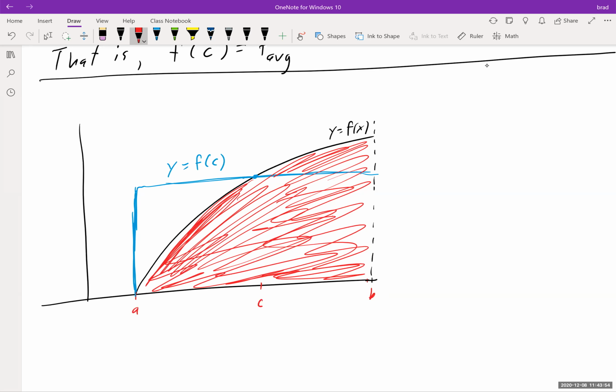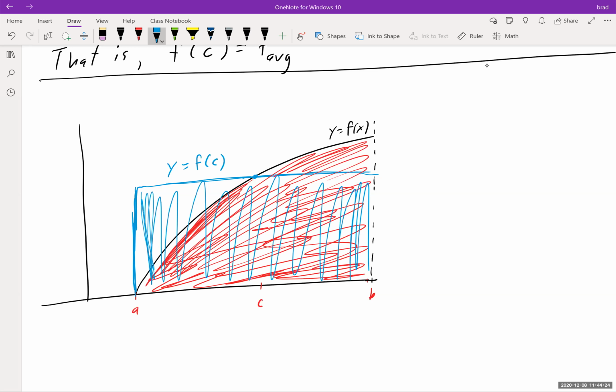So what the mean value theorem for integrals is saying is that we can find some height, okay? We can find some height that when we create this rectangle here, the area of this rectangle will be the same as the area under the curve of the red, okay, of the function y equals f of x. So that's what this is saying, okay?